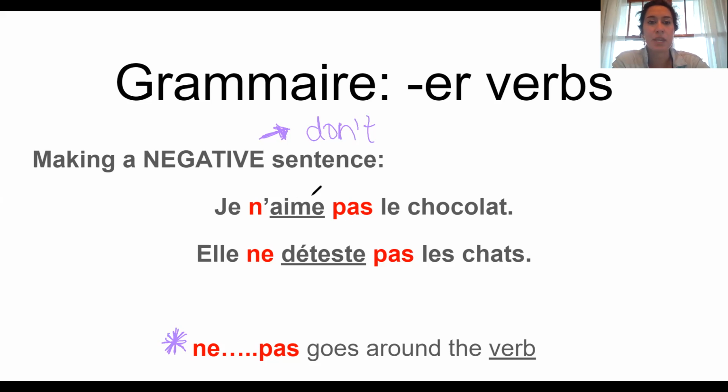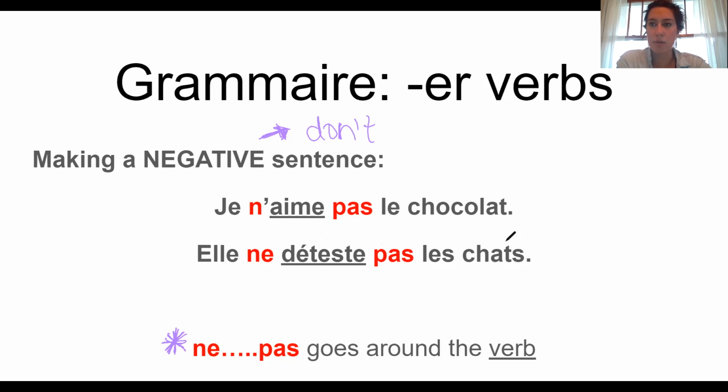Okay, so the rule is that you put ne and pas going around the verb. So the verb is aime, ne pas goes around. Ne pas goes around the verb déteste. So she hates cats. She does not hate cats. Elle ne déteste pas les chats.